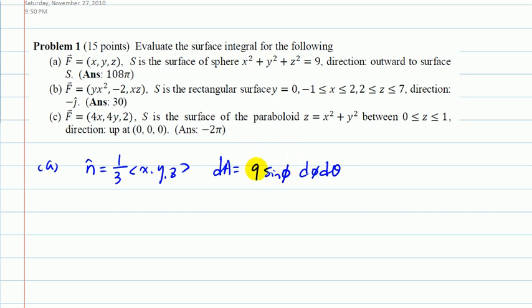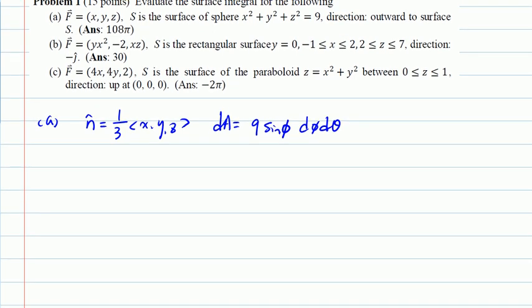Here r squared is the radius to the power of 2, so 9. Of course, x equals 3 sine phi cosine theta, y equals 3 sine phi sine theta, and z equals 3 cosine phi. So this is basically set up there.